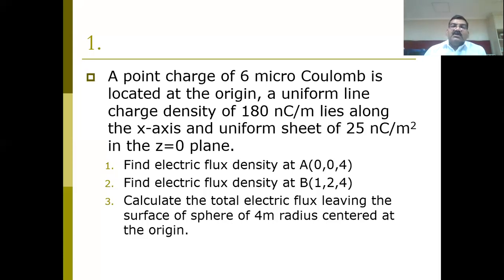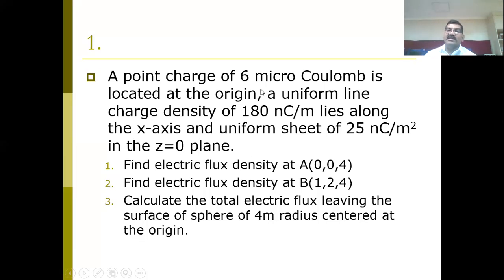A point charge of 6 microcoulomb is located at the origin, a uniform line charge density 180 nanocoulomb per meter lies along the x-axis, and a uniform sheet charge of 25 nanocoulomb per meter square is in the z equals 0 plane.